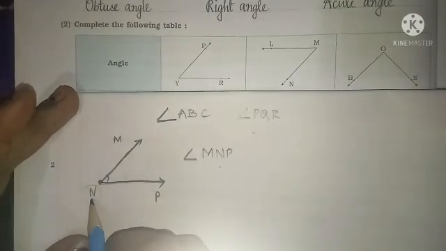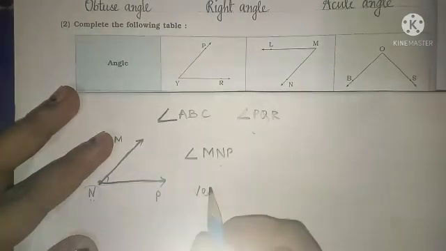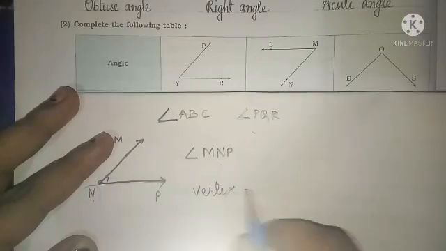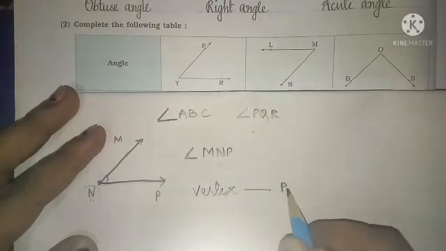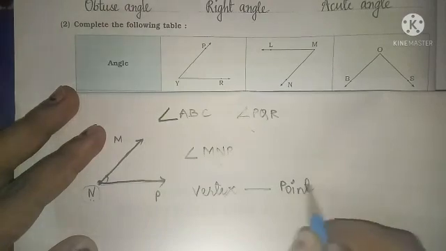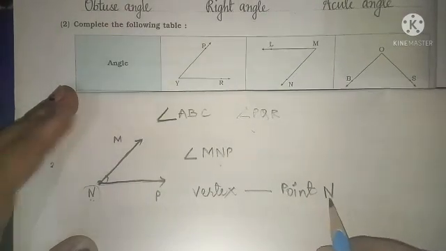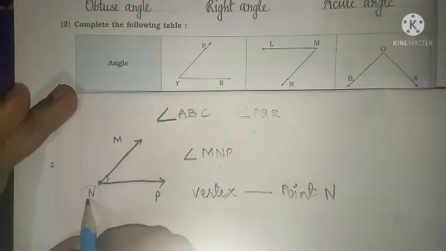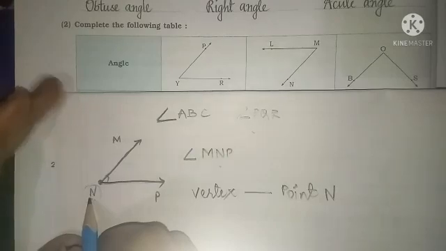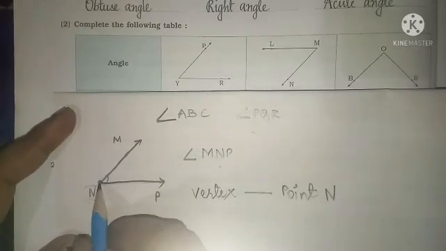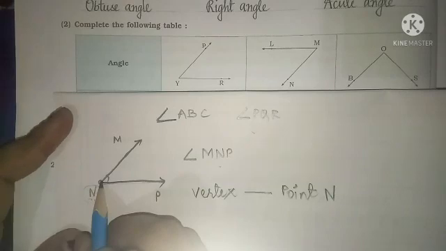So how are you going to name the vertex? When they are asking about the vertex, you have to name it as point N. Why? Because the name of the vertex is N. Always keep it in your mind, this point is known as your vertex.